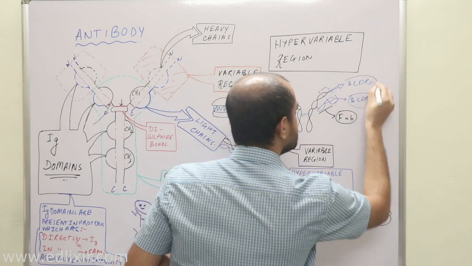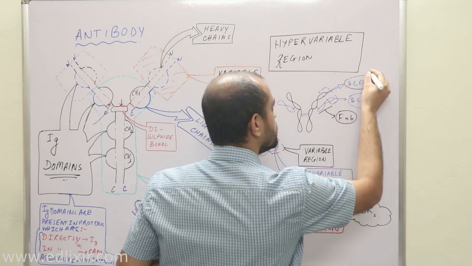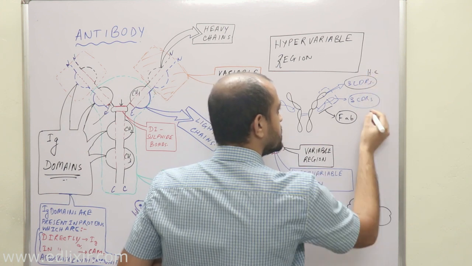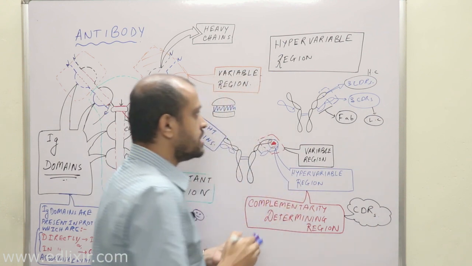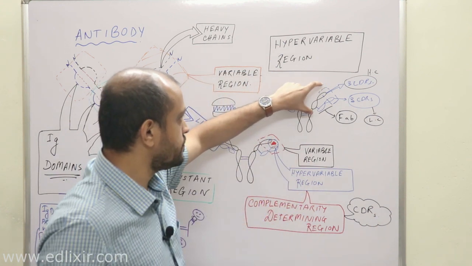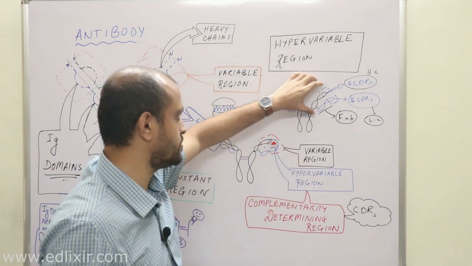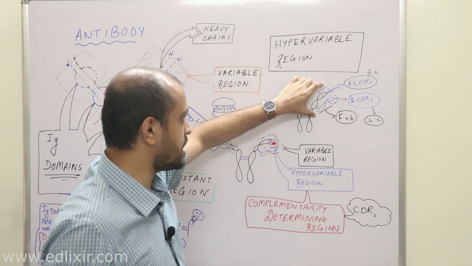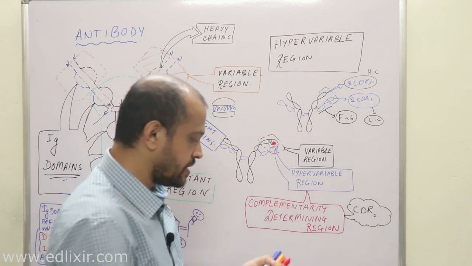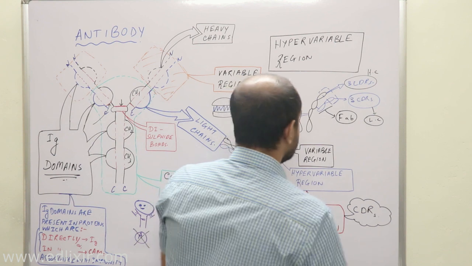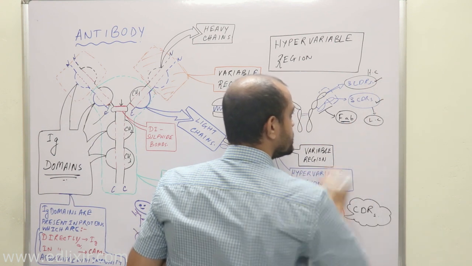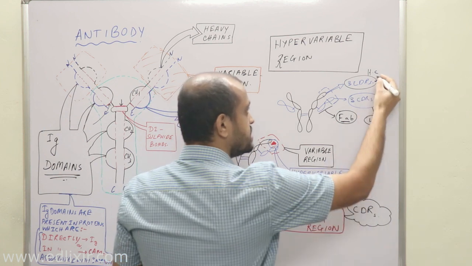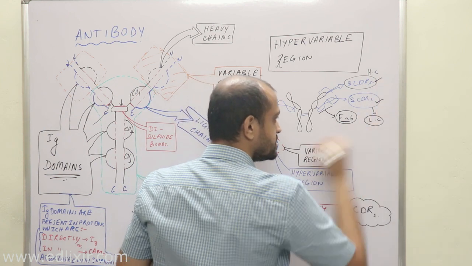Now listen with all your attention. There are 3 CDRs present in the heavy chain, and 3 CDRs present in the light chain. That means in a single fragment antigen binder molecule, there are 3 CDRs in the heavy chain and 3 CDRs in the light chain.